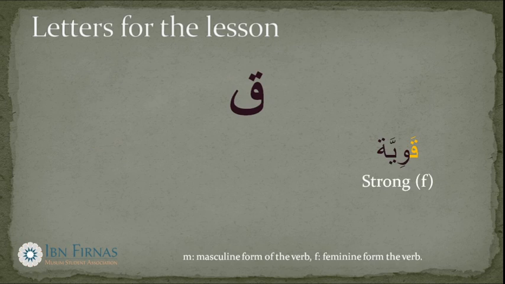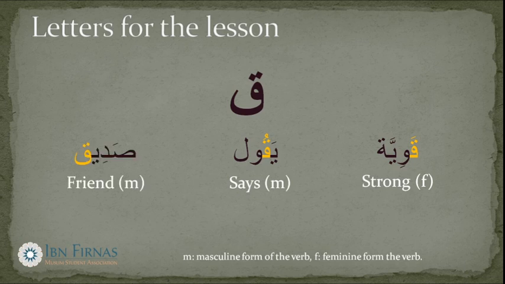So this is an adjective. يقول, says, masculine form. And صديق, friend, masculine form. So this is a male friend. Again, notice how for the fa and the qaf, the letter merges with the other letters when it comes at the beginning or the middle of the word.